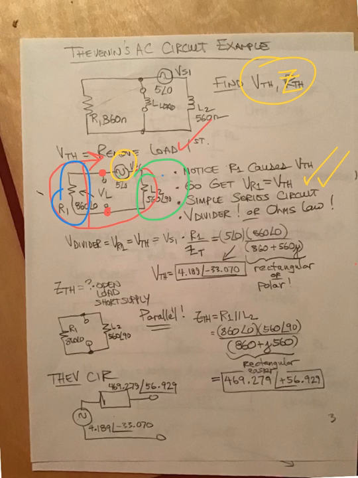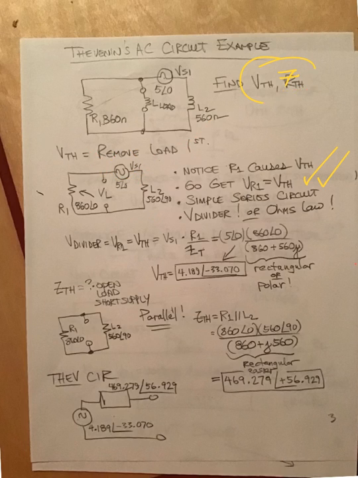I've been pulling out the voltage divider from my pocket, and you could use Ohm's law if you wanted to. You don't have to, but Ohm's law will work for you here too. You're going to have to find RT no matter what.